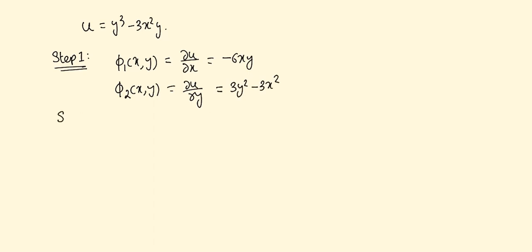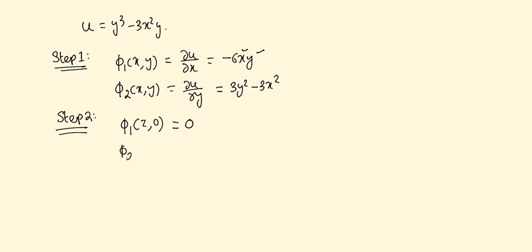Next we go for the second step, and here we put x equal to z and y equal to 0. So phi1 function of z0: in place of x we put z and in place of y we put 0, so this value will be 0.